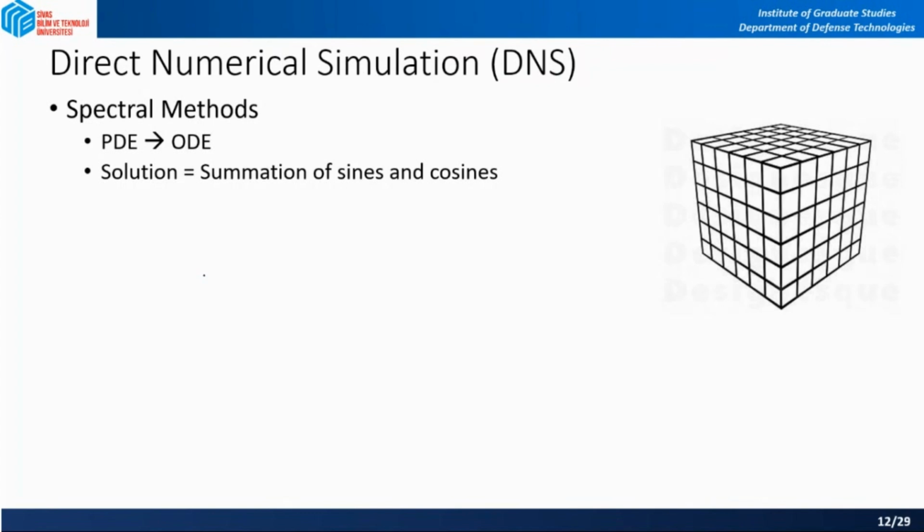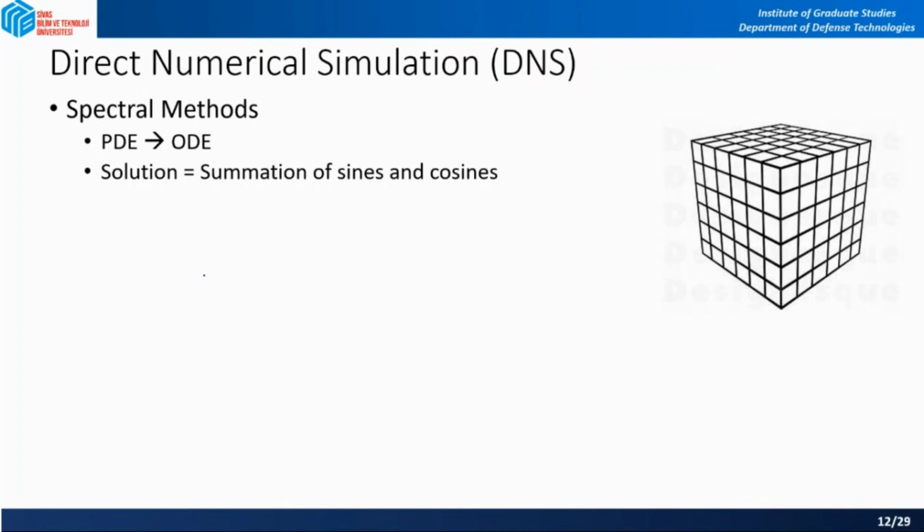The spectral approximation depends on the number n and also some coefficients. These coefficients come from boundary and initial conditions of your problem. The main idea is to think about the solution as a summation of sinusoidal waves, sines and cosines. This is what we just understood.